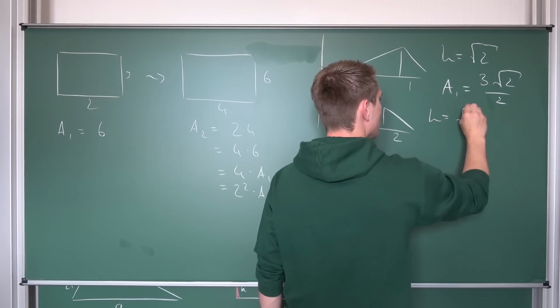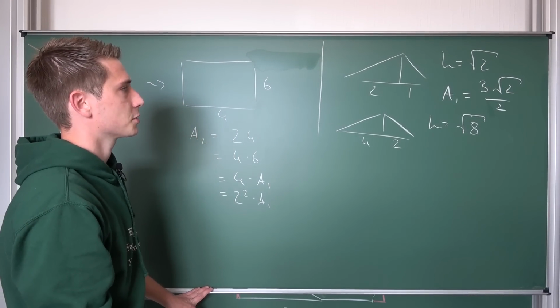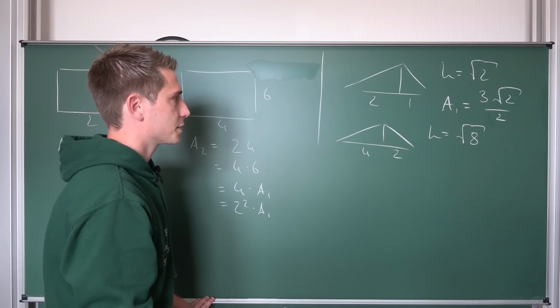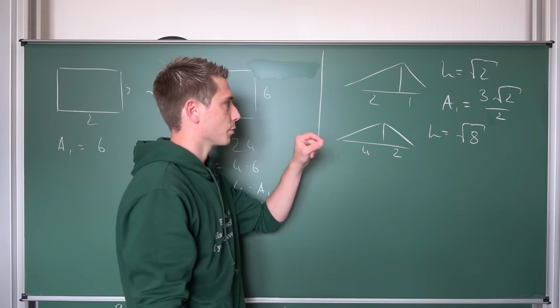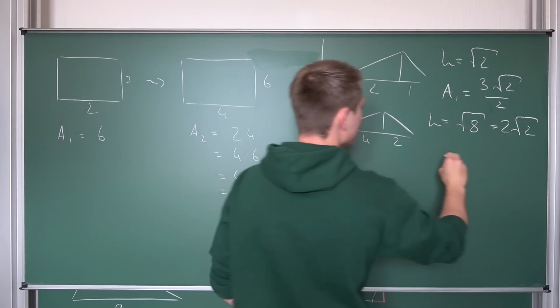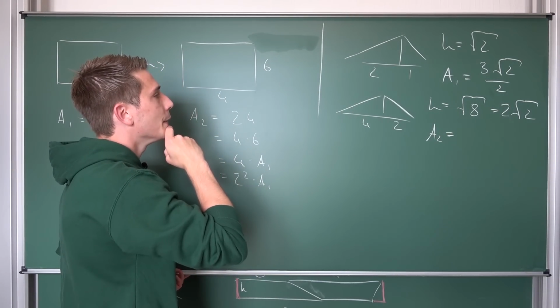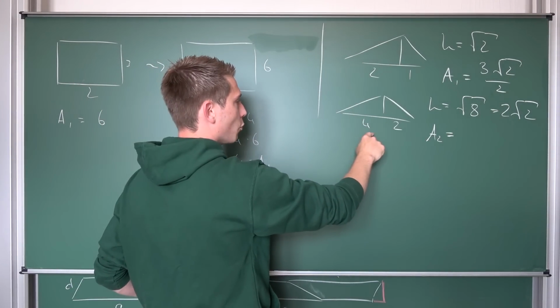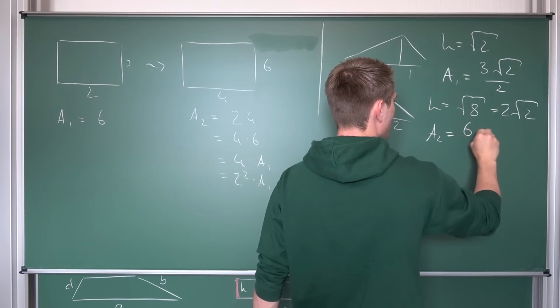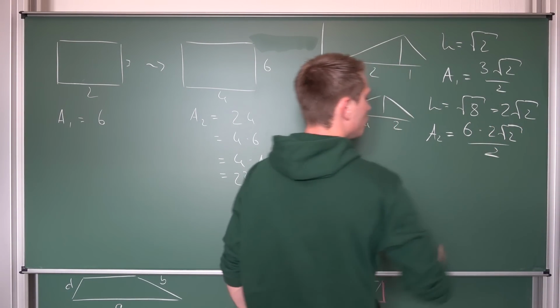Let's trace it back to the square root of 2. It is square root of 4 times 2, square root of 4 is 2, so this is 2 times square root of 2, meaning our area 2 is thus nothing but the base, so 4 plus 2 is going to be 6, times the height, 2 times square root of 2, over 2.